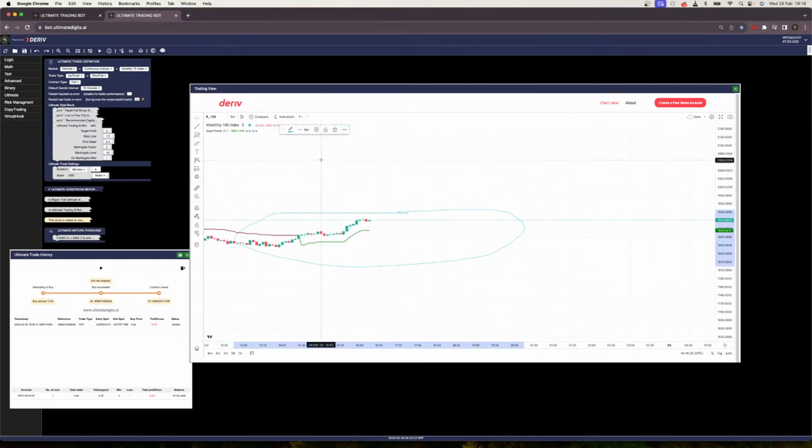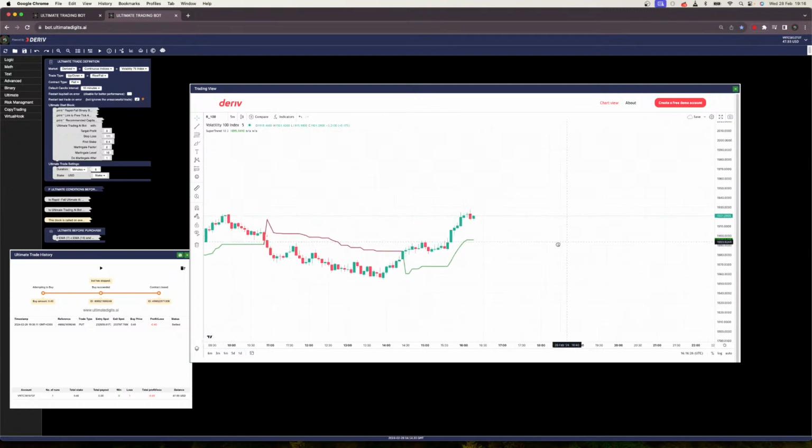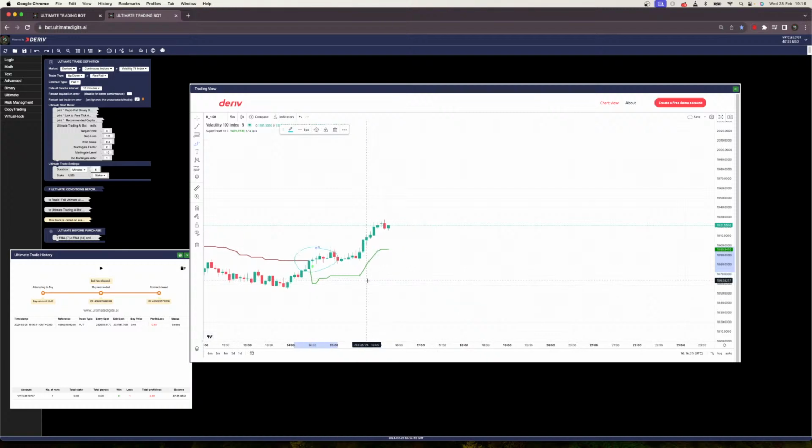Perfect. Now this is my kind of setup. It has just broken. So the most optimal point to start your bot run would have been here, but now we are a little bit late into the game, so we'll just have to run the bot at the current price.